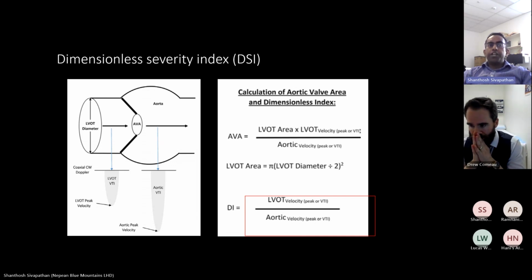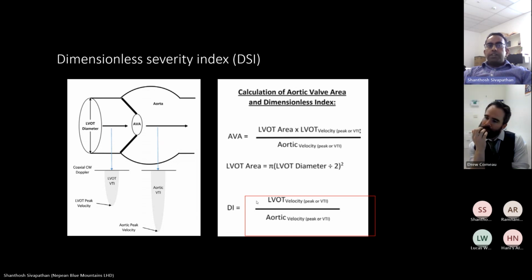It is essentially a ratio of the subvalvular velocity, which you obtain through the pulse wave of the LVOT, and the continuous wave Doppler across the aortic valve. In the absence of aortic stenosis, the ratio should approach 1. In other words, what goes in, what goes out. If there's a smaller number in the ratio, it indicates that there is an element of stenosis.